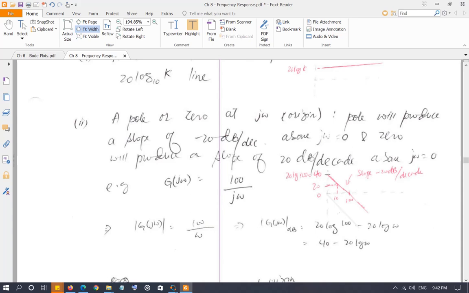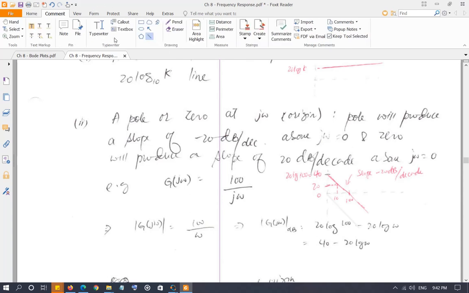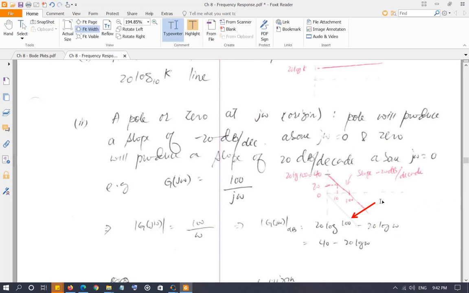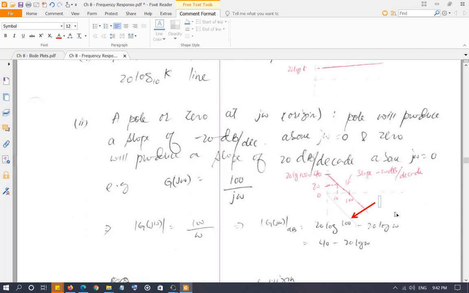So this line is corresponding to this function, negative 20 log of omega. It has a slope of negative 20 decibel per decade.